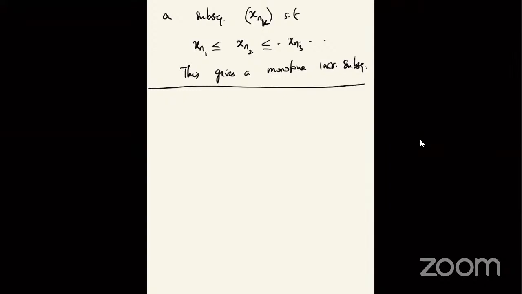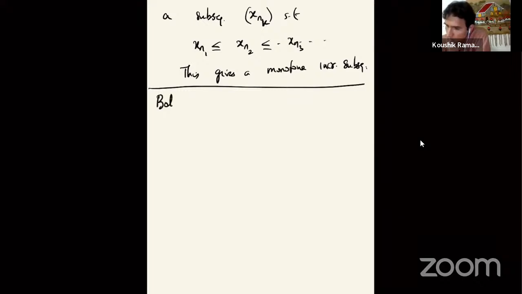So maybe now I do quickly. I wanted to indicate certain equivalences to all these several important theorems that we usually learn. But let me just state one of them, the famous Bolzano-Weierstrass.